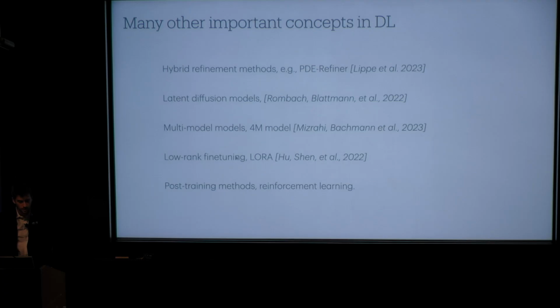Low-rank fine-tuning and post-training methods are very important, and they are completely underexplored in science. Reinforcement learning, post-training methods: once you have a model trained, how can you improve it without changing the weights, without having to redo a training? It's something that we are working on at the moment. I can give you a very naive example.